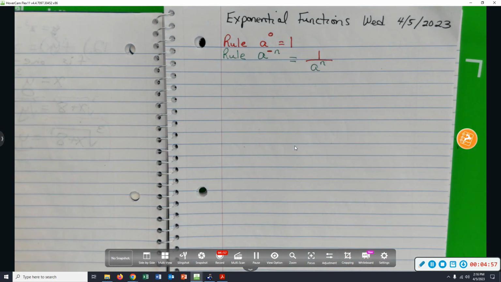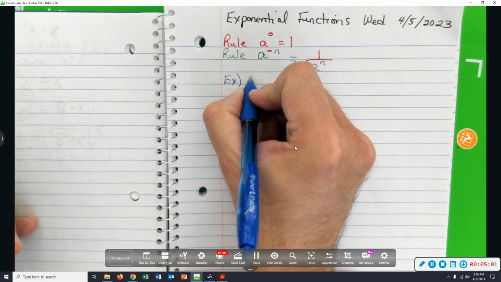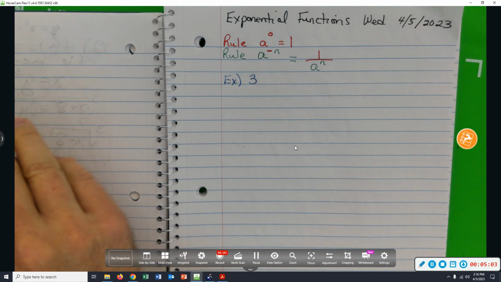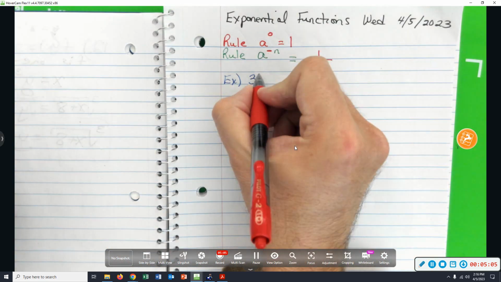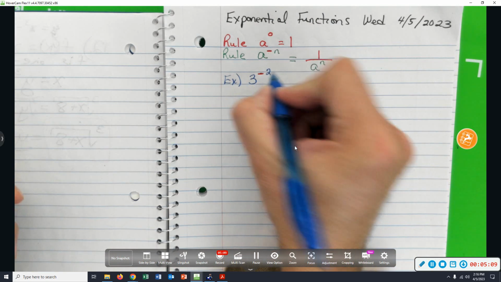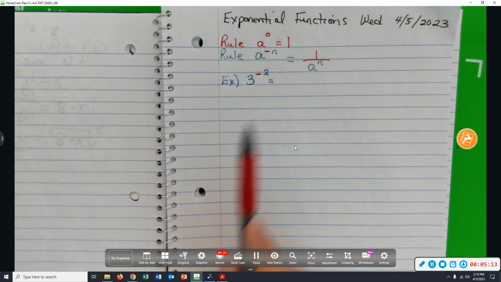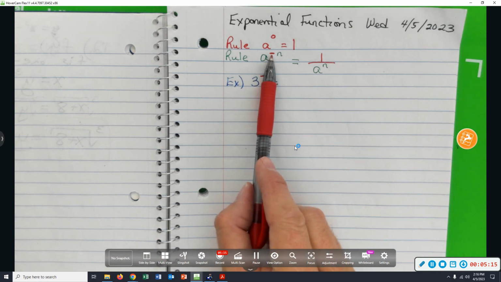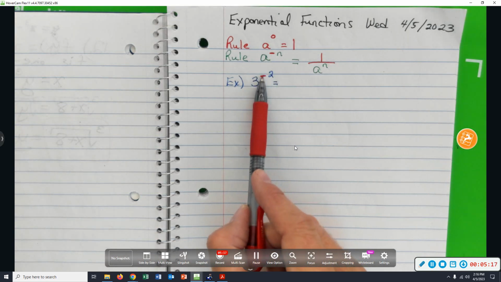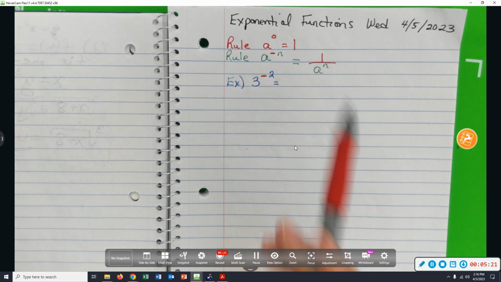For example, if you had to figure out 3 to the negative 2 power, the answer is not negative 9. Do y'all see what I'm doing with the colors? This red negative on the exponent is the same thing as a 1 over.